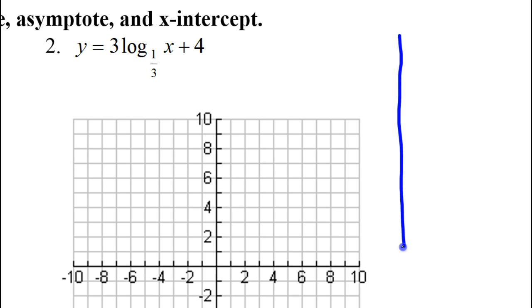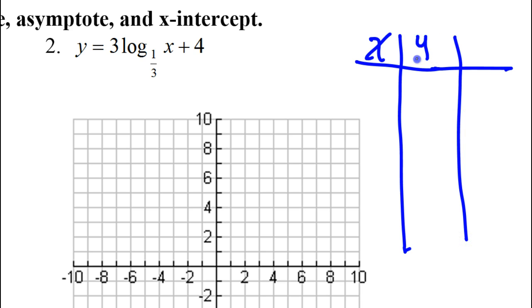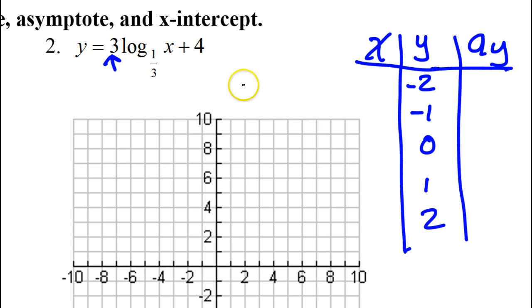Move it over here. I see that we have an a value multiplying in the front, which is 3. Whenever that happens, that's when we need a third column. Okay? So anyway, we're going to start with those same y values. -2, -1, 0, 1, and 2.